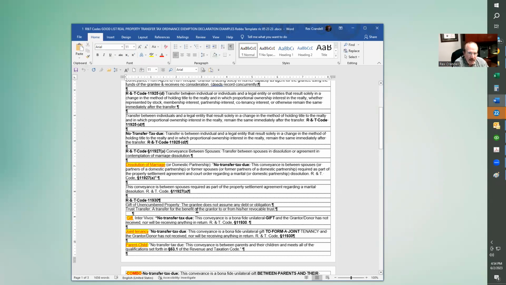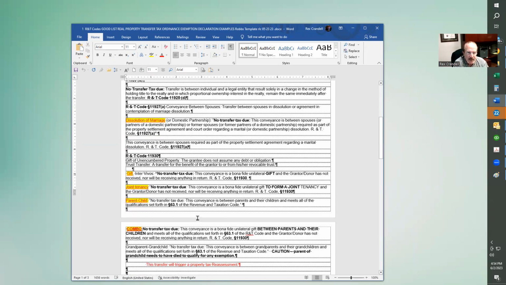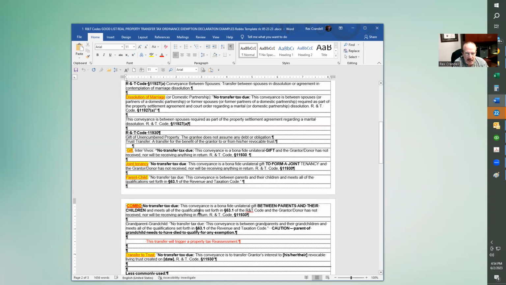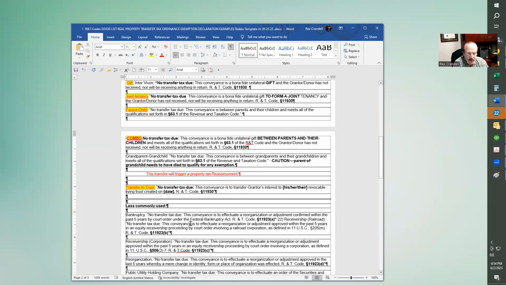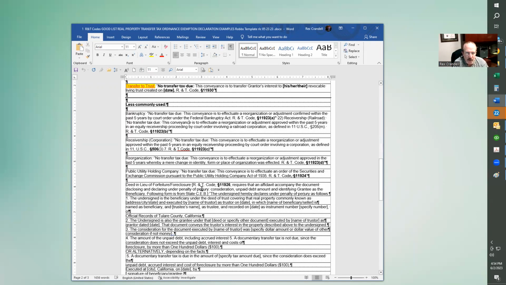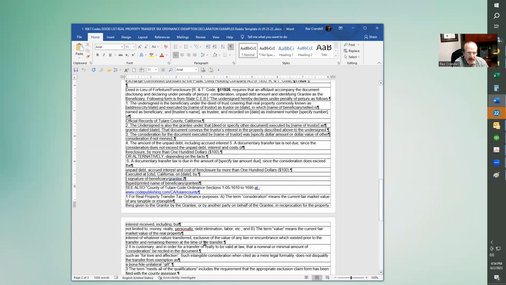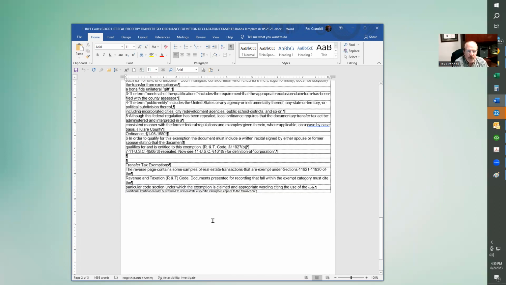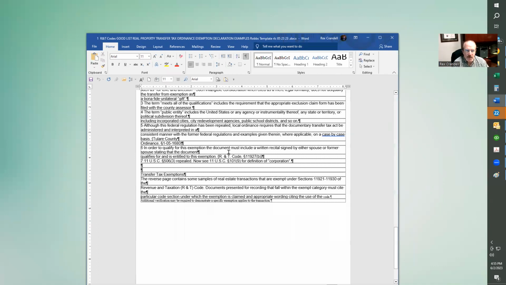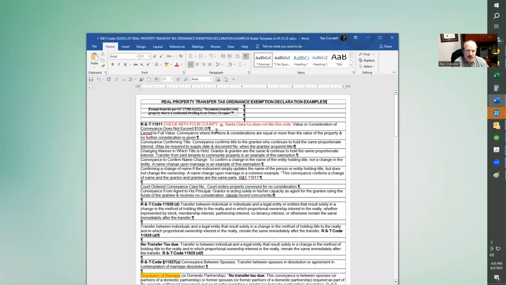In the upper part of the deed, I pointed out that there's transfer tax, there's a lot of different taxes. And so you look through the list of exceptions to find the one that you end up paying the least amount of tax when you record. This list of revenue and taxation code sections is pretty intense.